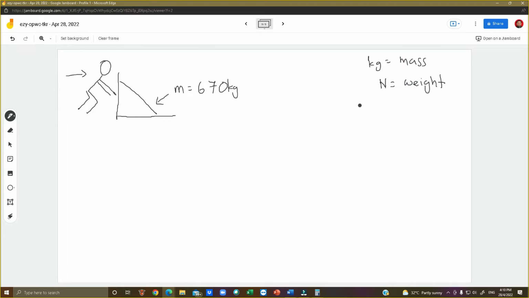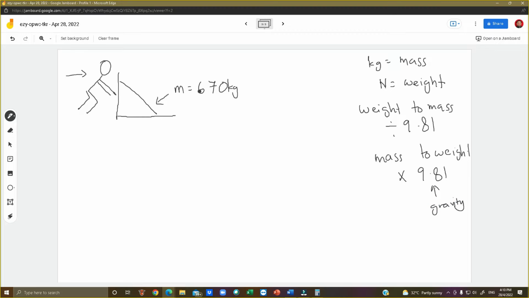Okay, to change weight to mass, we need to divide with 9.81. To change mass to weight, we need to multiply with 9.81, which is gravitational.